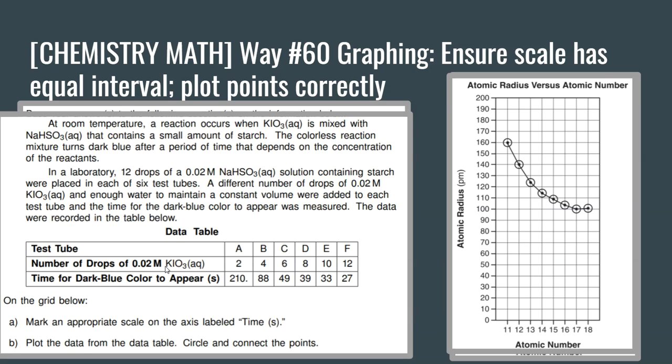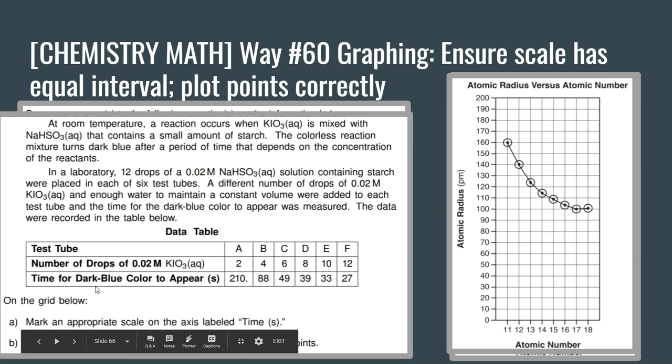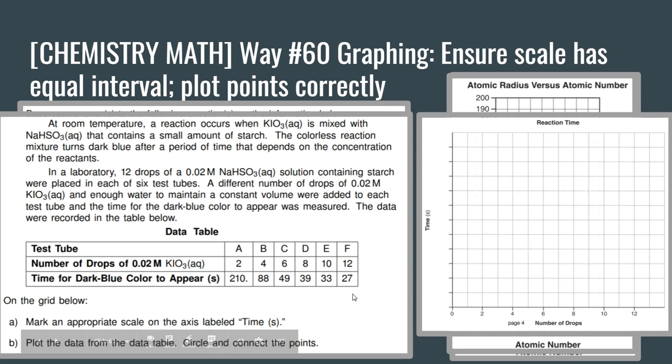So here we're adding in potassium iodate, drops at a time, and we're calculating how much time it takes for the dark blue color to appear in seconds. It says on the grid below, mark an appropriate scale on the axis labeled time in seconds, and then for part B, plot the data from the data table. Circle and connect the points.